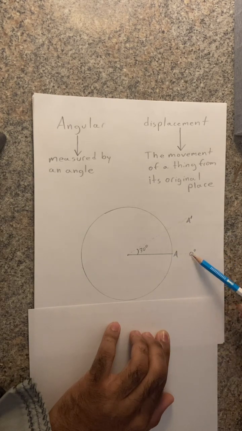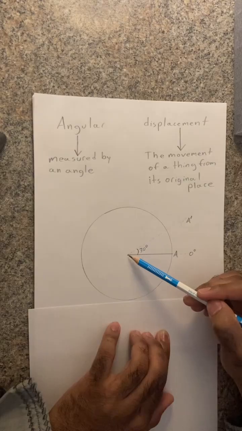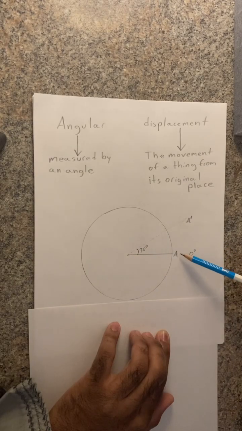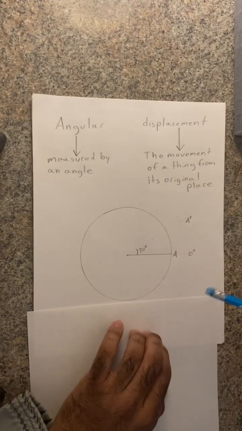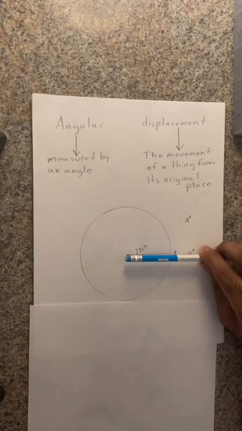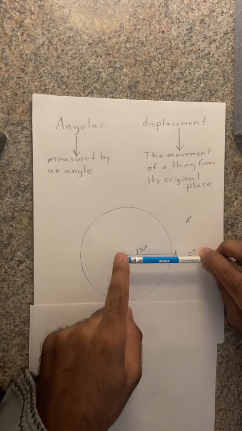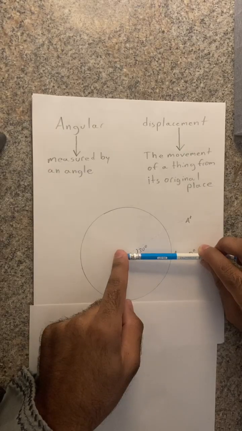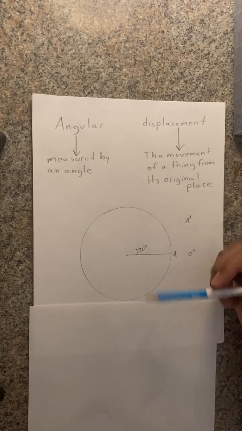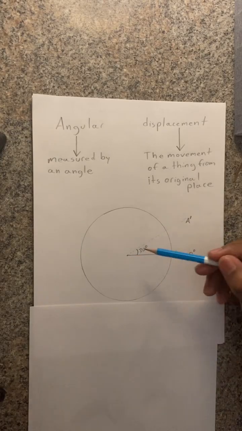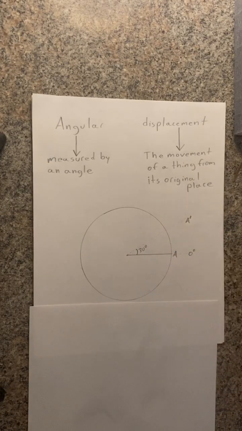A is the original line. A prime is going to be the displaced line. So we would consider this to be a rotation moved in this way about a fixed point, which we're going to consider this to be.